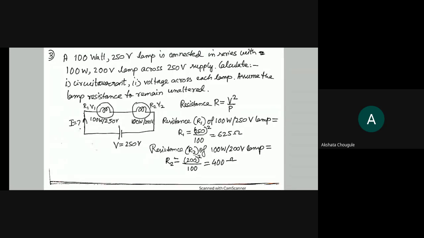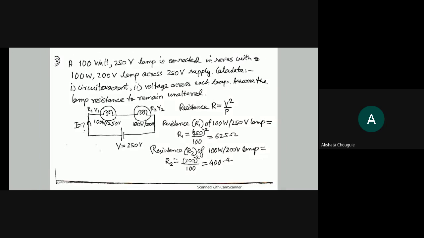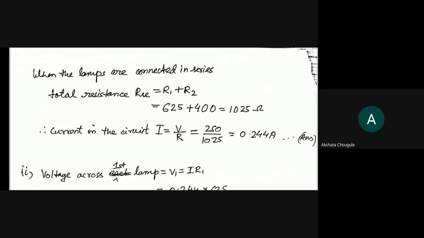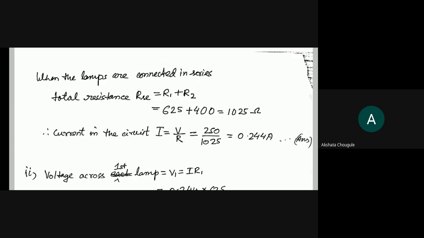The answer is correct, no doubt, but if you calculate 3 places of decimal, then the precision or accuracy becomes good when any other questions are asked out of that formula. So 0.244 is the answer.